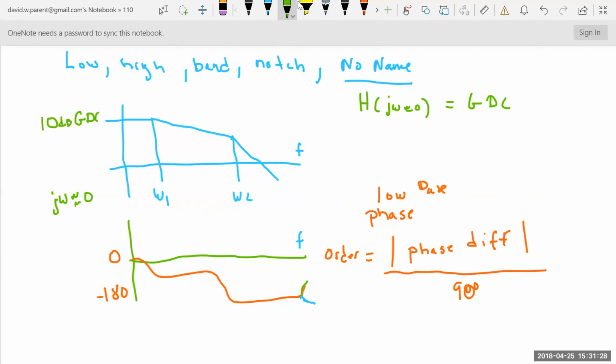dB. Okay. So the thing is we have to convert that from dB. So the gain DC, right, is 10 raised to the 10 divided by 20, right?